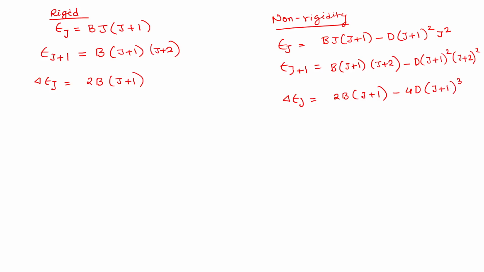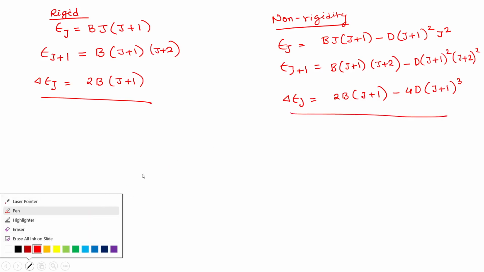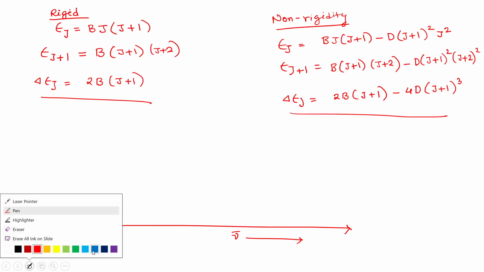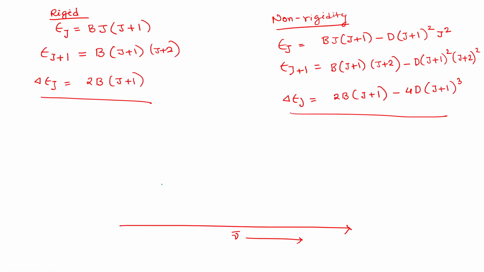So if you compare now these two, maybe I will use two different colors and first draw the axis. Suppose this is my new bar, and this is for the rigid rotor.